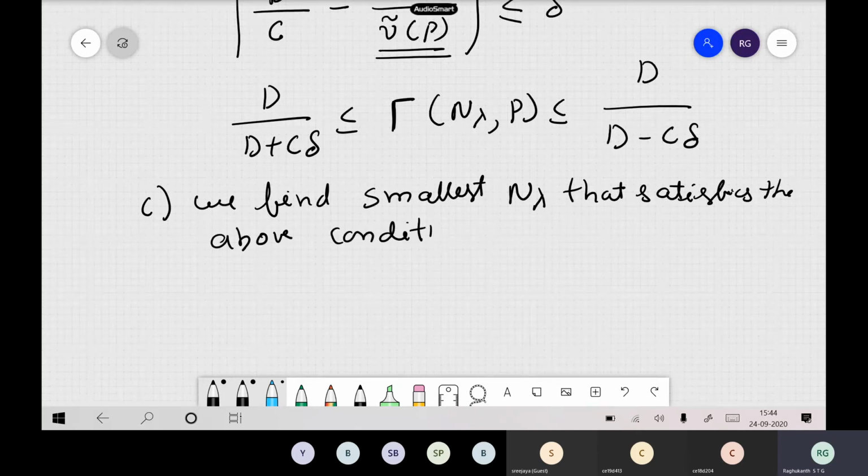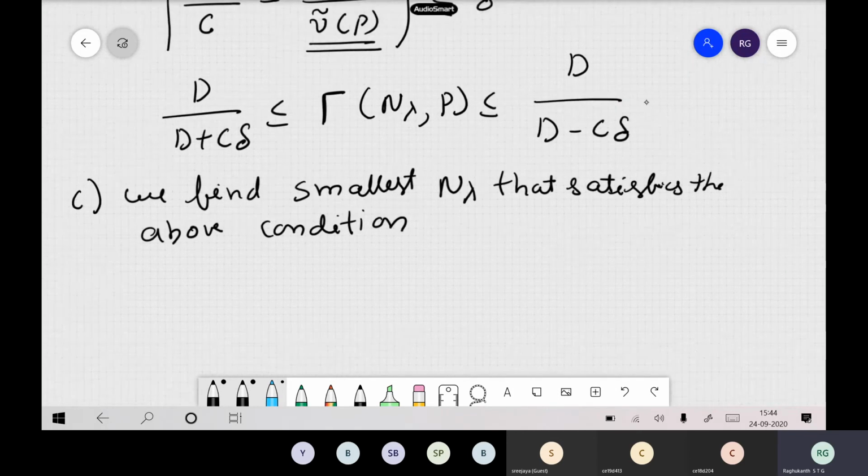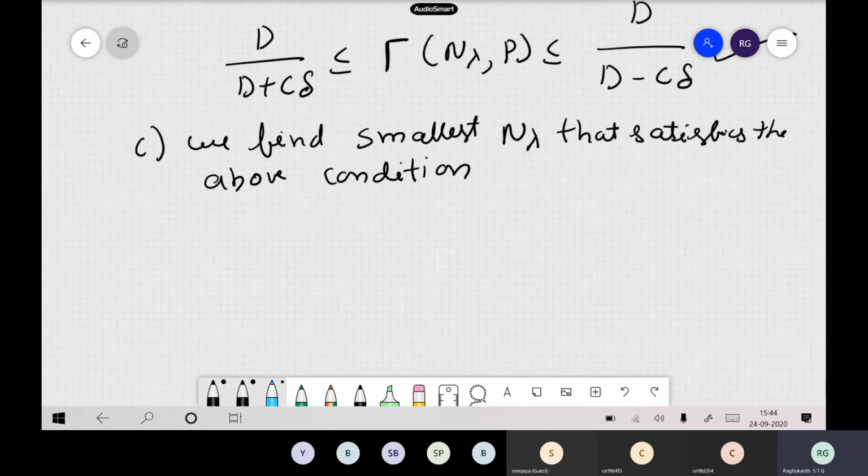Now we have selected P, and we have to select n times lambda based on this condition. This is the next step. Now the spatial sampling is known to us. If I denote this as P comma delta corresponding to that P, now we obtain the value of the grid spacing.